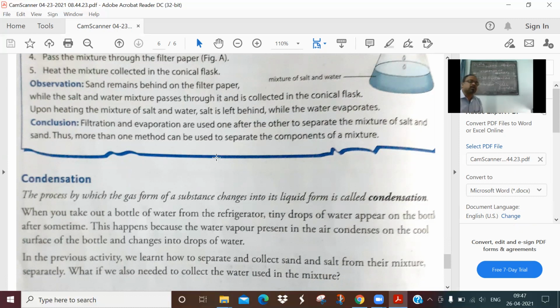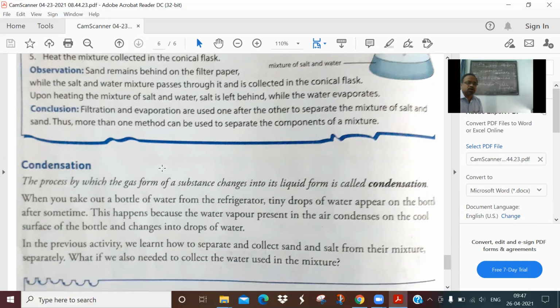An example of condensation: you might have observed that if you take a water bottle from the refrigerator and keep it outside for a few minutes, you see tiny droplets of water on the surface of the bottle. It is nothing but air containing water vapor. When it comes in contact with the cold surface of the water bottle, it condenses.